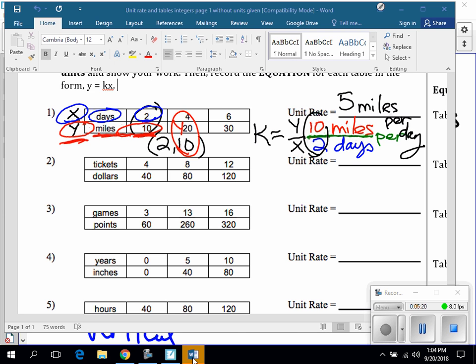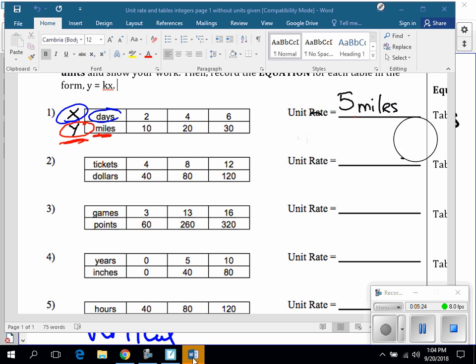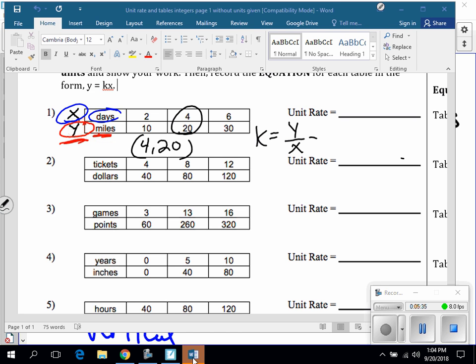Now, it wouldn't have mattered if I would have chosen a different point. For example, let's say that instead I chose the point (4, 20). I write out my formula for unit rate, for constant of proportionality, and the y value is 20, and 20 goes with miles.